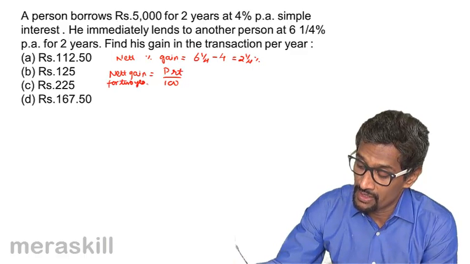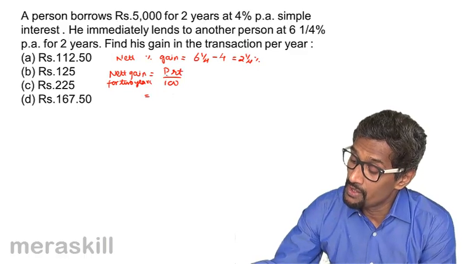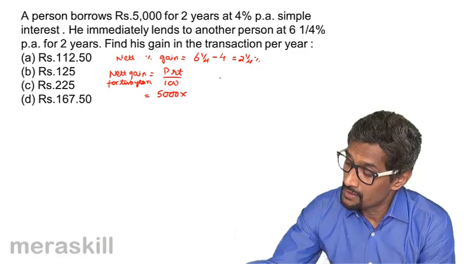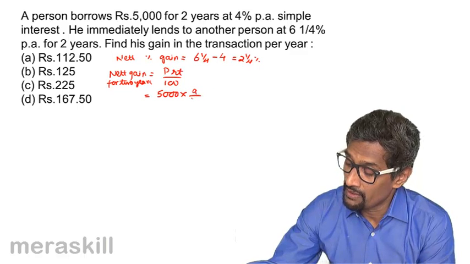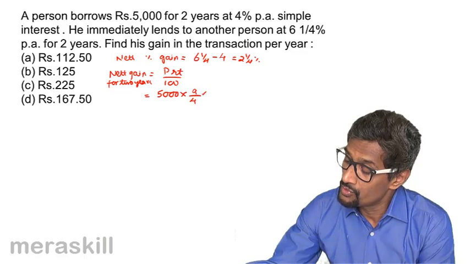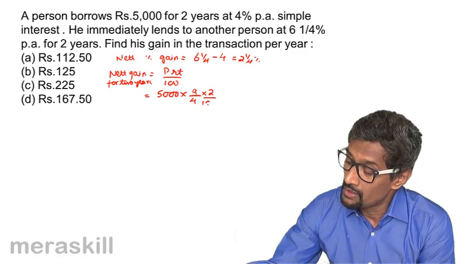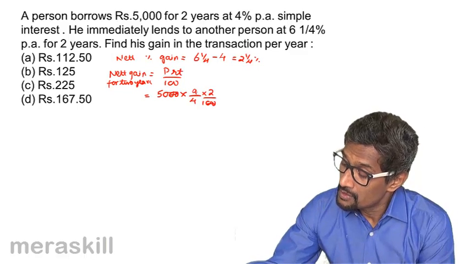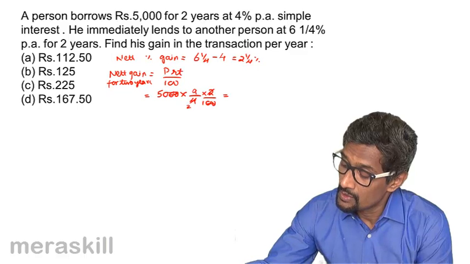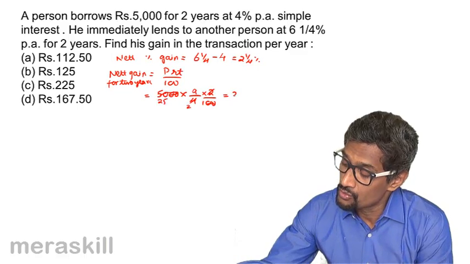You can put it this way. So that's going to be 5,000 into R, that is 2.25, which is 9 by 4, into T is 2 upon 100, which turns out to be 25 into 9, 225.